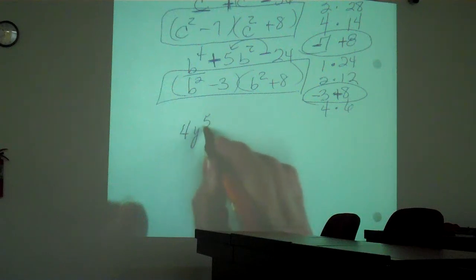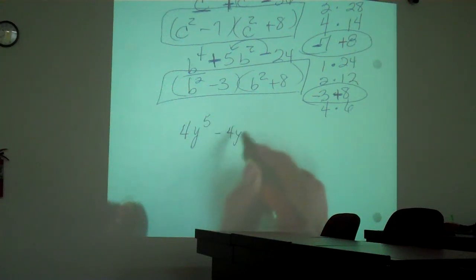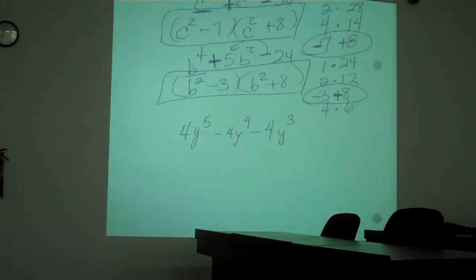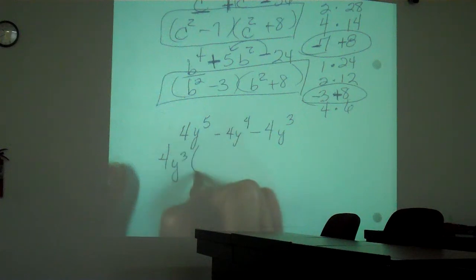4y to the 5th minus 4y to the 4th minus 4y to the 3rd power. Okay, it doesn't have just an x squared in the front. So first look for the greatest common factor. 4 and what? y to the 3rd. Okay.